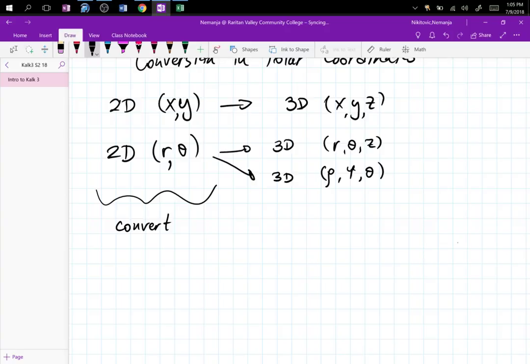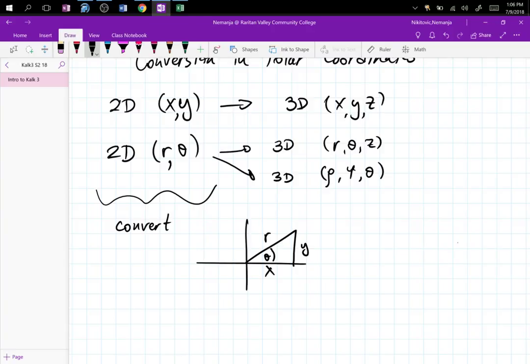Okay, so to convert. The way we convert is we draw this one triangle that has x, y, r, and theta. And you just write 4 formulas: 3 trig formulas and the Pythagorean theorem. And those are your conversions. What do you have?